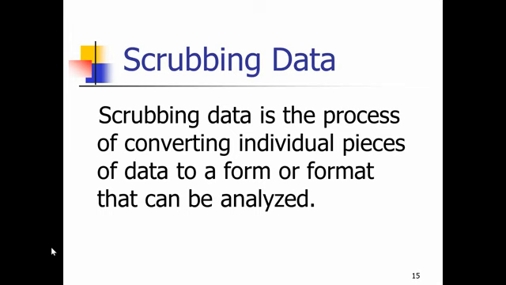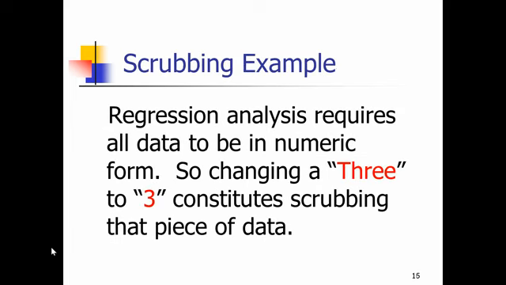Scrubbing data. Scrubbing data is the process of converting individual pieces of data to a form or format that can be analyzed. Here's an example. Regression analysis requires all data to be in numeric form.